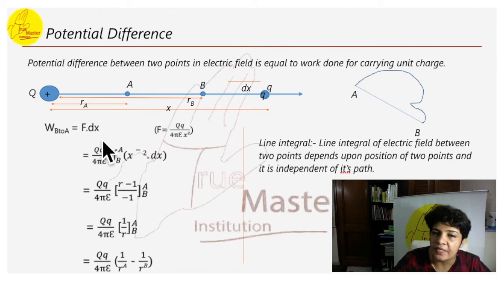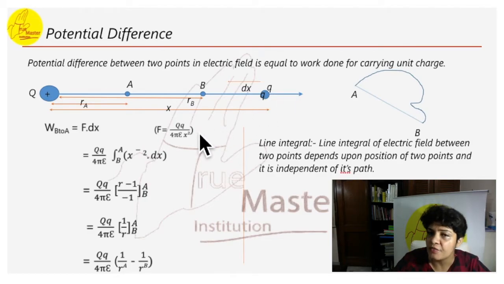And what is the basic formula for force that we derived earlier from Coulomb's law? It's Qq by 4 pi epsilon r square. Here r is replaced by the total distance x. What is Q? It's the capital Q here, the main charge which is creating the electric field, and the test charge is written as q.